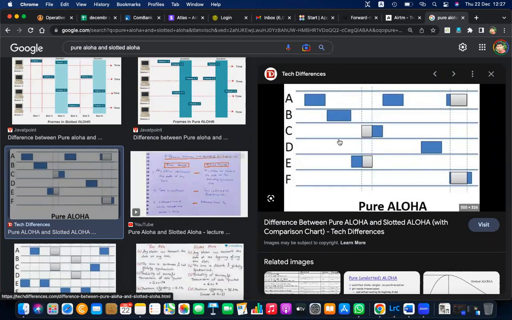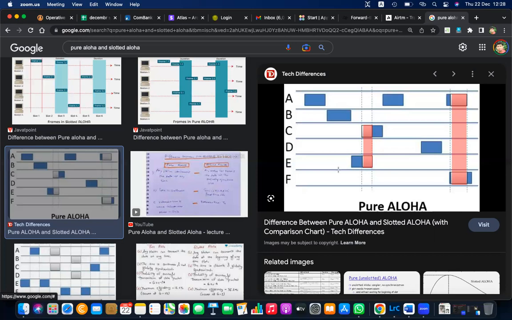C has sent data, D has sent data, and both are sending at a certain time, so there is a collision. C's part and D's part will collide. But there is no collision here, here, or here. Also, A's data and this part of F collide. That is why I said partial collisions can be there. So either full collisions or partial collisions can occur.